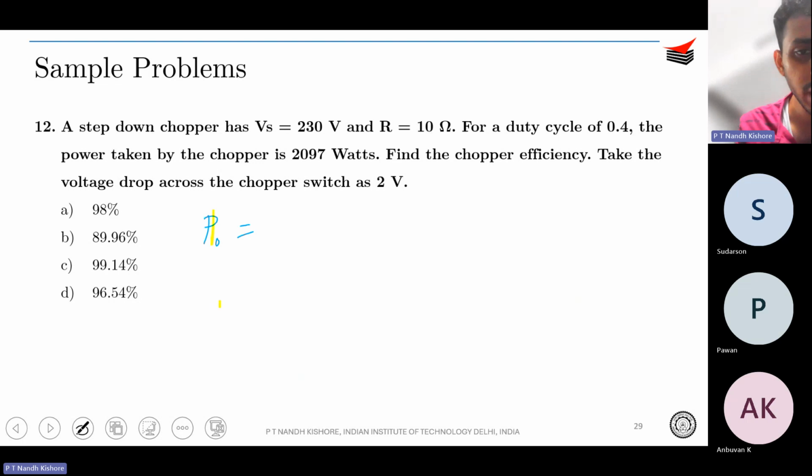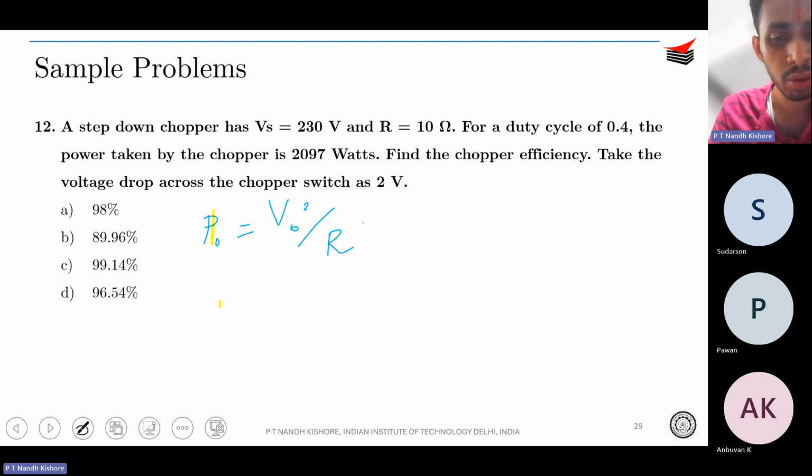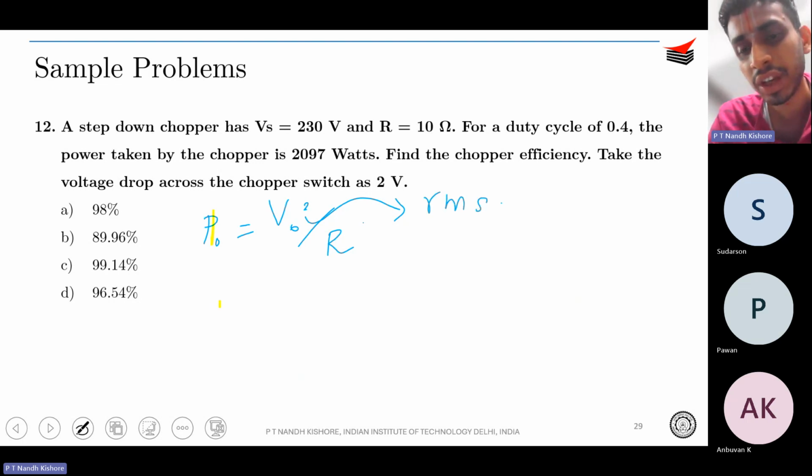So what you can write, P naught is actually V naught square over R, right? Because they have given you R, they have also given you the input voltage. Therefore, you can always find out your output voltage. And it's a step down converter as well. As I have told earlier, if there is something related to V naught square over R, related to resistance, it is always your RMS quantity, V naught RMS.